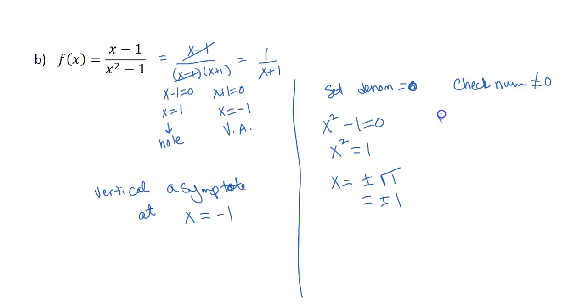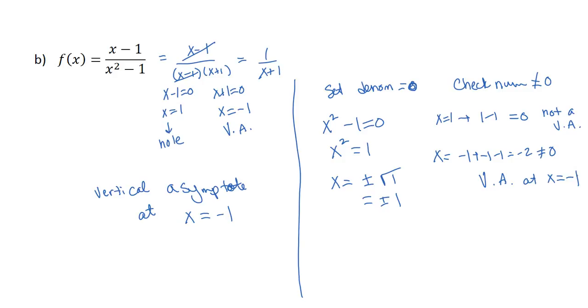So if x equals 1, that would give you 1 minus 1, which is 0. So that means it's not a vertical asymptote. It would have to be a hole. And x equals negative 1, that would give you negative 1 minus 1 equals negative 2, which is not 0. So there is a vertical asymptote at x equals negative 1.